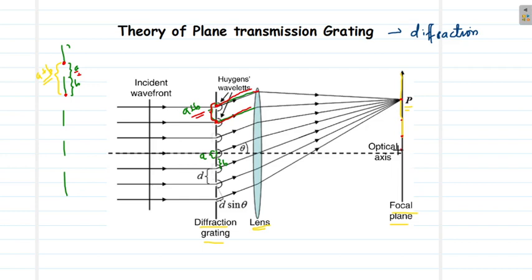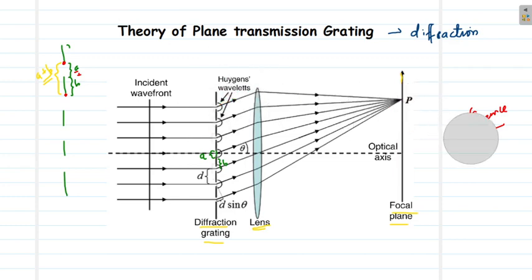Now, in order to find the condition for constructive or destructive interference of these consecutive wavelets, we will have to think of the concept of path difference. What is the difference in path traversed by these two wavelets while reaching an arbitrary point P? So let us think about that.